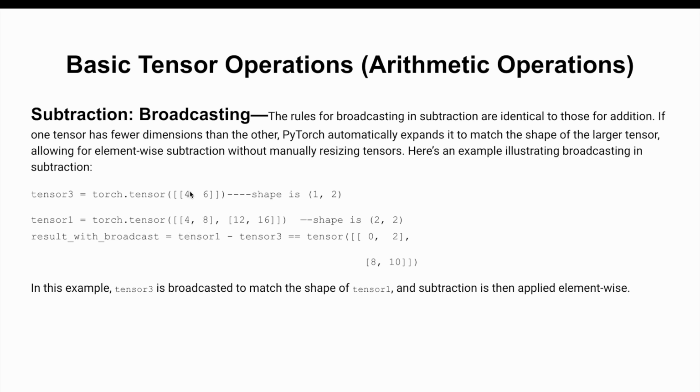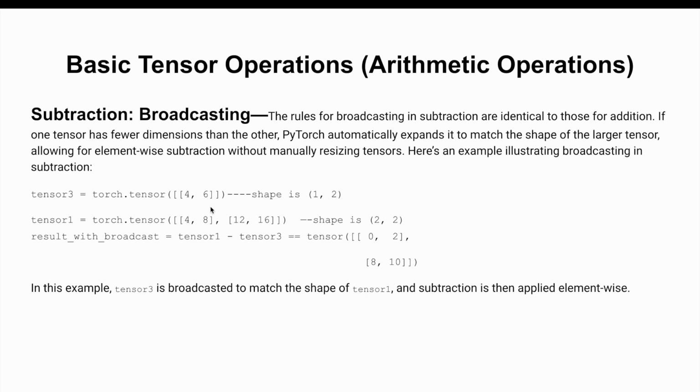We take the first column, then we broadcast it. So we go to the second tensor, and we go to the first row, first column, and we take this minus 4 is 0, and that's going to be right here.